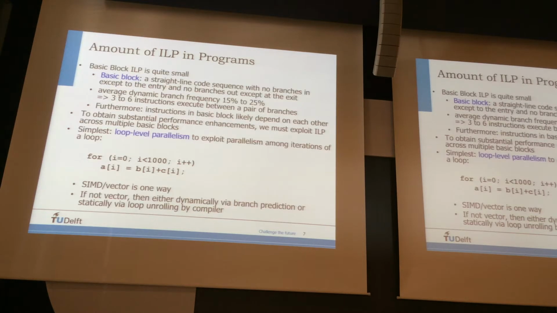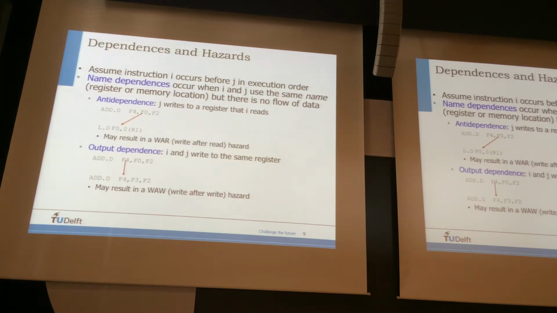Now there are other dependencies. There is a name dependence. You see, I have an add and a load. From the compiler point of view, F0 is just a register. There is no data connection between F0 in the addition and F0 in the load, except that it's the same register. They could have been different registers, but the compiler is confined by the number of registers, and that was the register it could use.